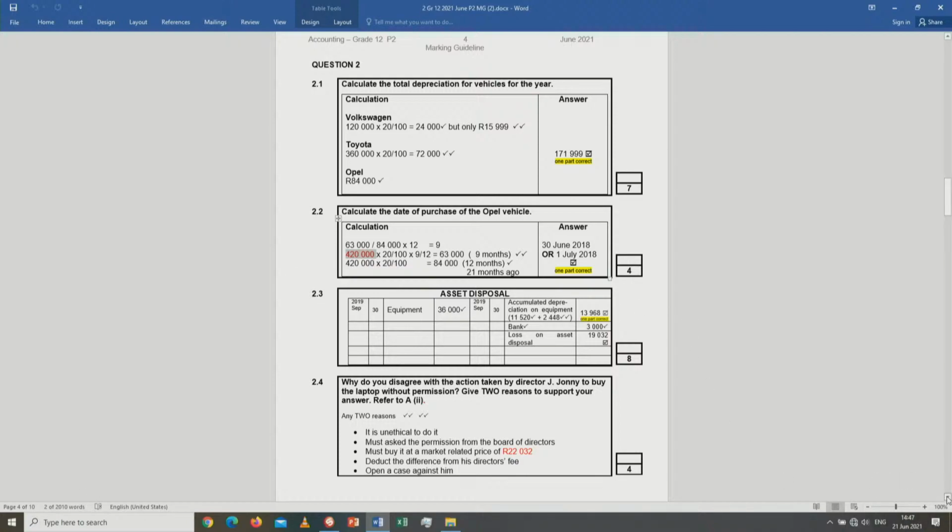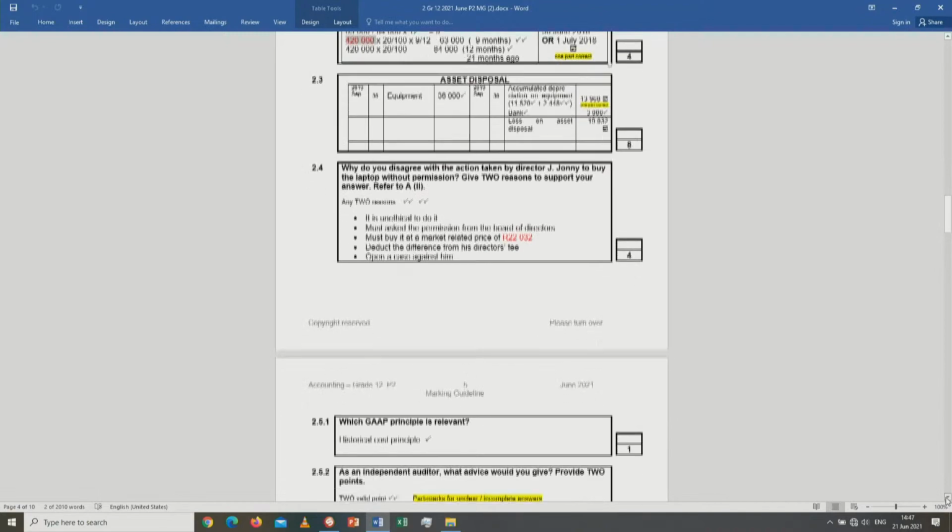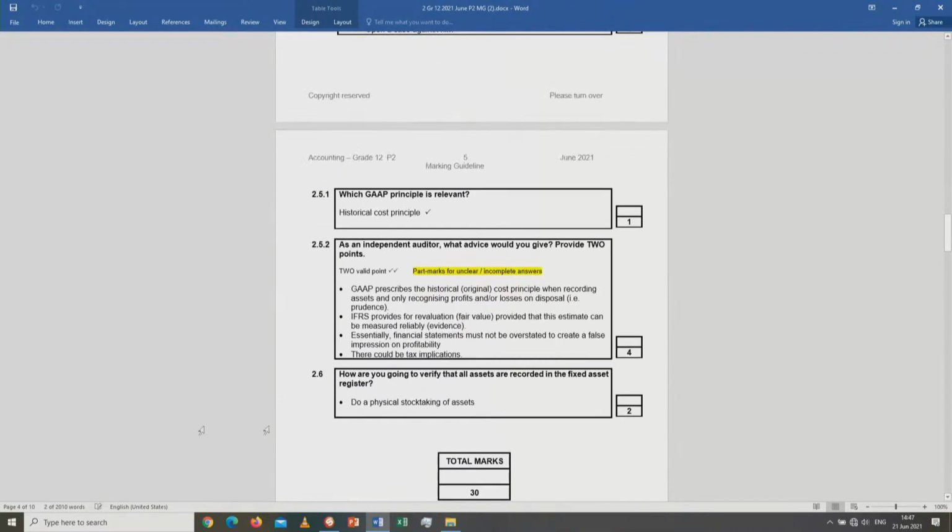Okay, let's move up a little bit. The land and buildings of 4 million that they want to reflect as 5 million, it cannot be done. They say which GAAP principle is relevant, historical cost principle. Why?